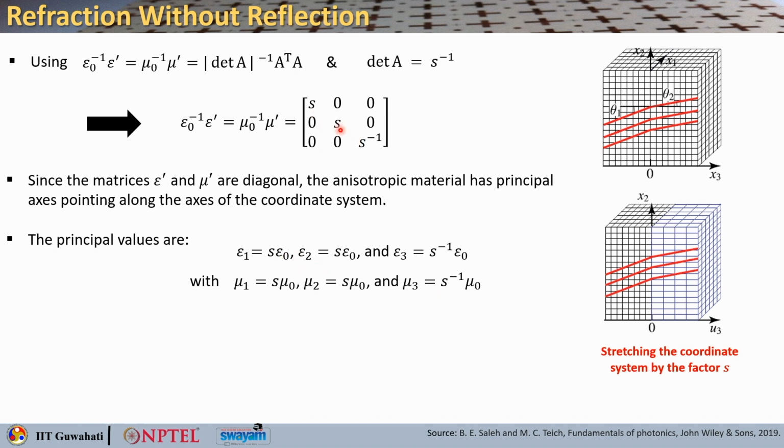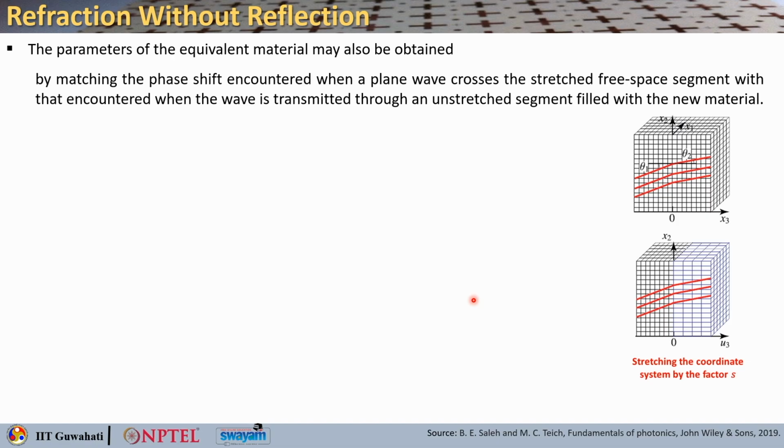Epsilon 2 will also be S times epsilon naught, but epsilon 3 will be 1 over S or S inverse times epsilon naught. The same thing will also apply for mu because they have the same relation. So, mu 1 will be S mu naught, mu 2 will also be S mu naught, and mu 3 will be 1 by S times mu naught.